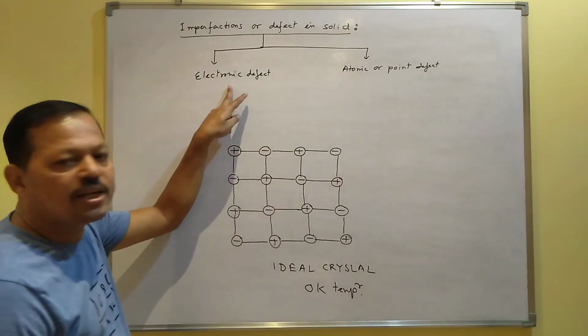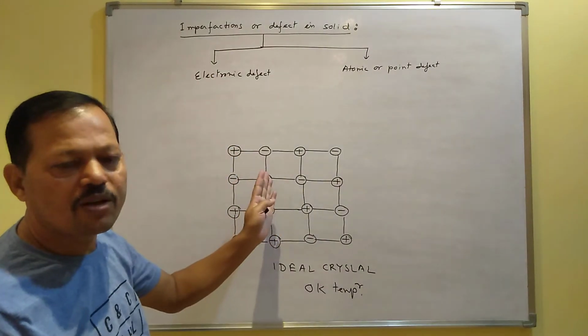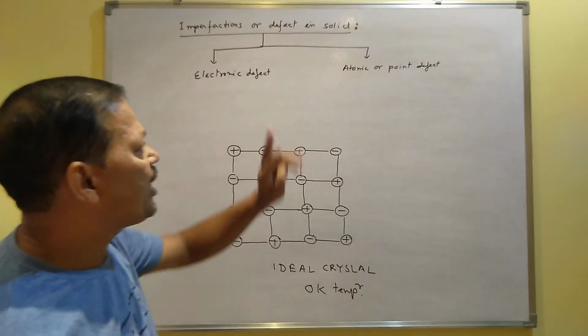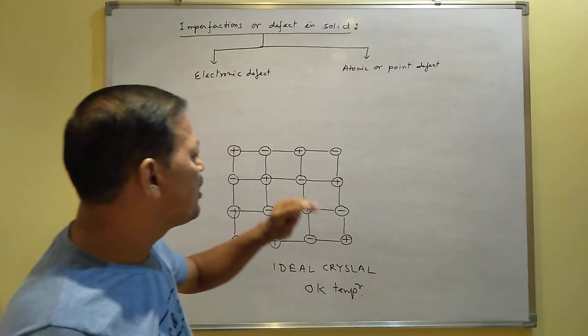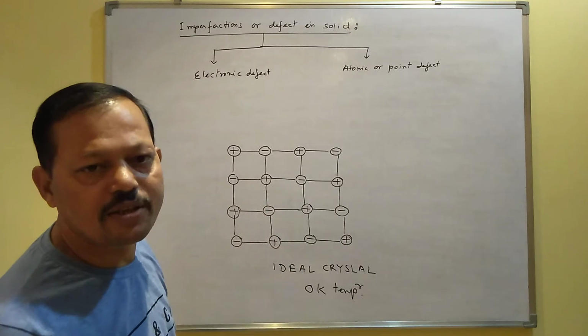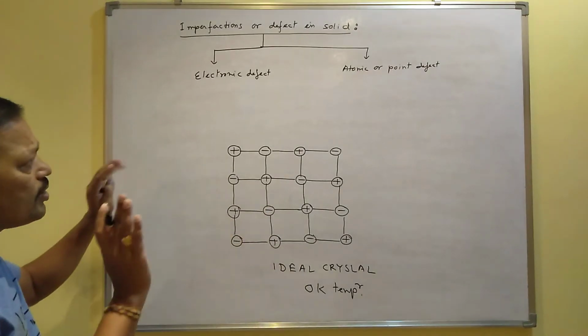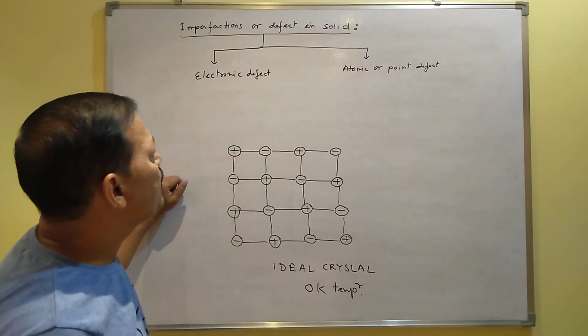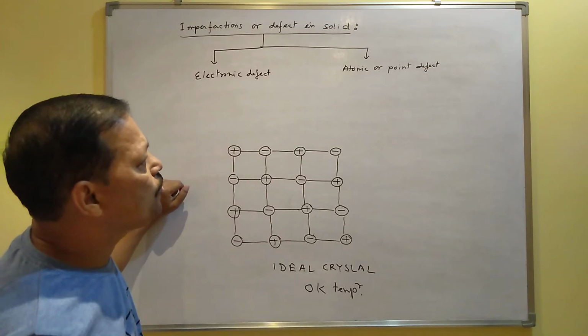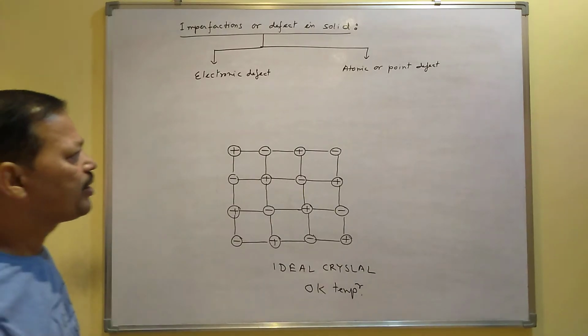I mean, electronic defect arises due to some disorderness of electrons, and atomic or point defect arises due to disorderness of particles. So, mainly two types of defect you will get: electronic defect and atomic or point defect.